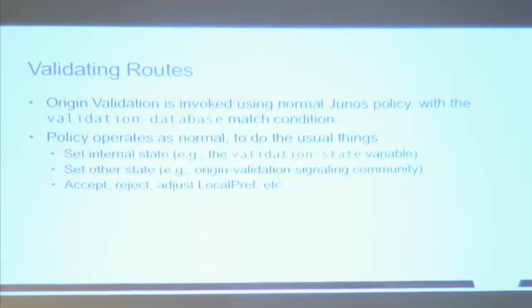So everything goes through the policy engine. There's a new match condition called validation database, which basically takes a route and bumps it against the contents of the validation database and pops back a result. And then you use your normal policy stanzas to set internal state, other state, and do stuff.